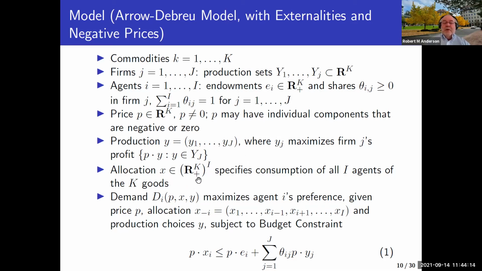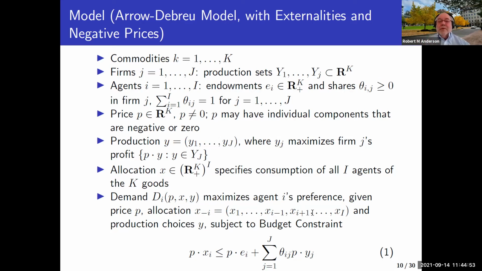An allocation is an assignment of consumption of the K goods to all of the agents I, and demand for an agent maximizes agent I's preference given the price P, and allowing for externalities, so your preference can depend on the consumption of every other agent.